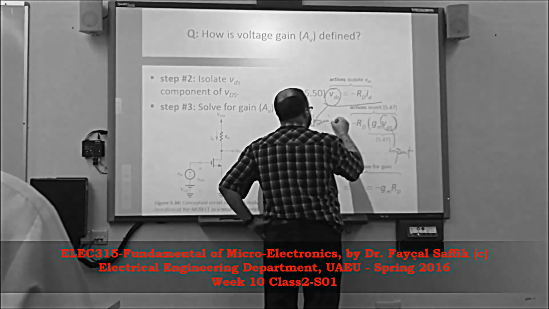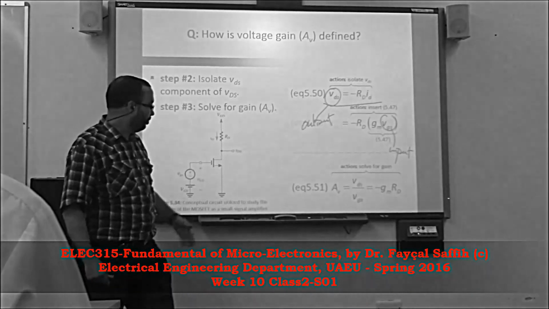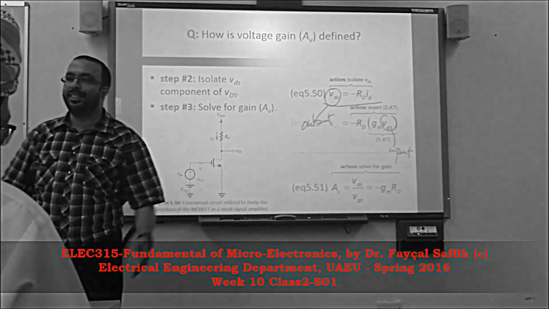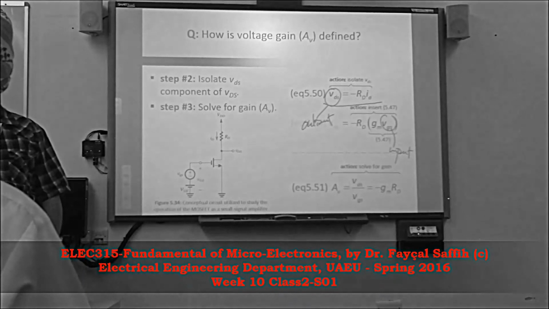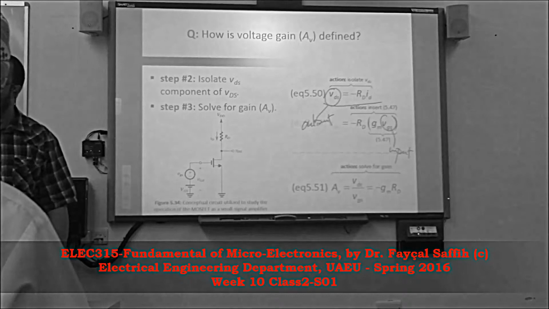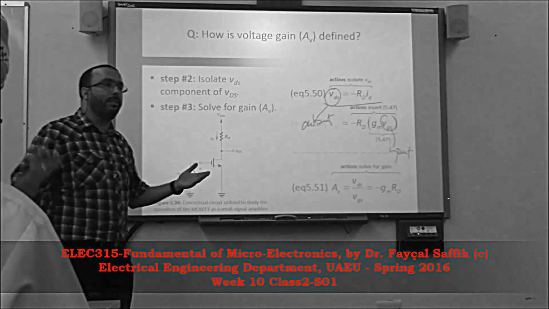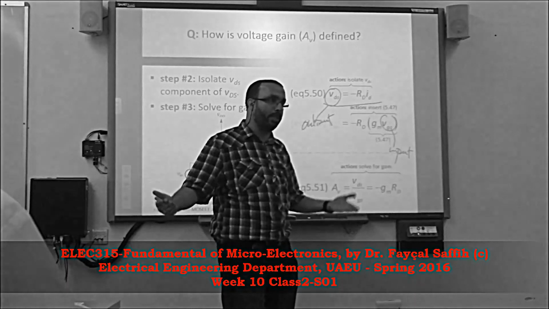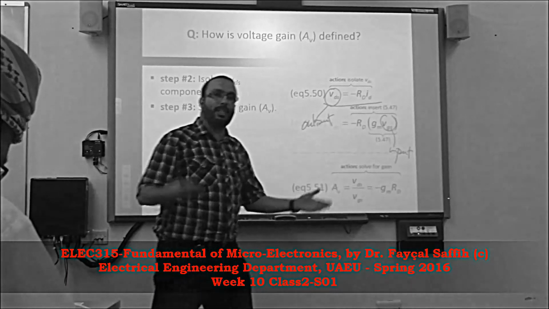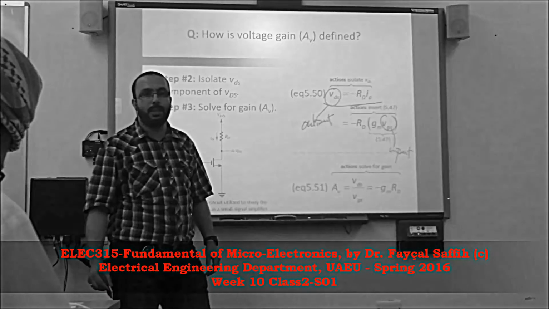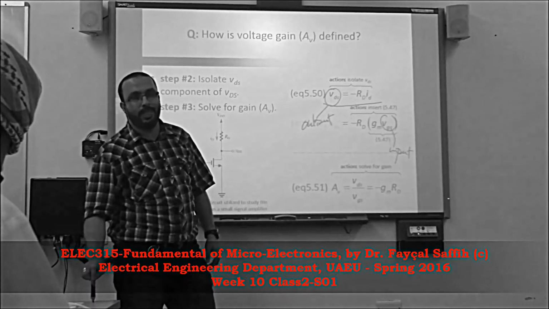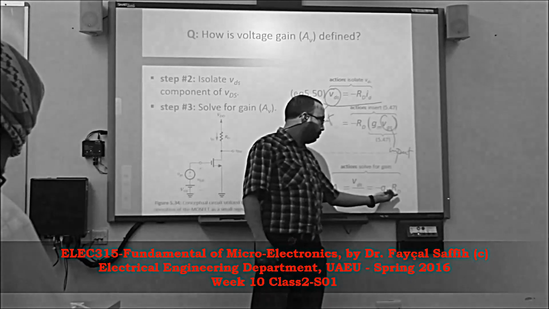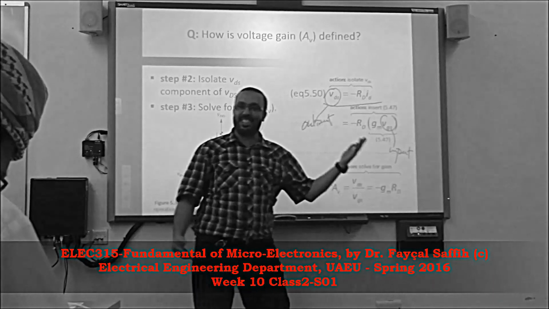The gain is output divided by input, which is minus gm RD. That's the gain, a negative gain. Negative gain means the signal will be upside down. If the input is up, the output will be down, and vice versa. That means they have a phase of 180 degrees between them. In terms of magnitude, it is gm RD, and that's the amplification factor.